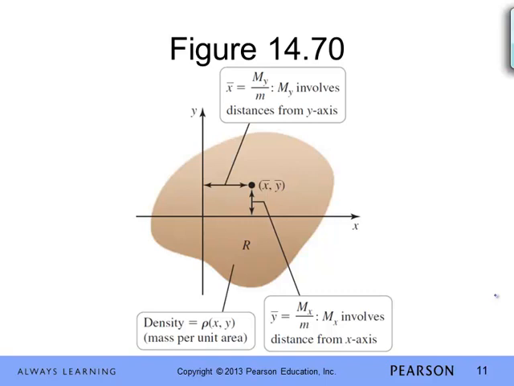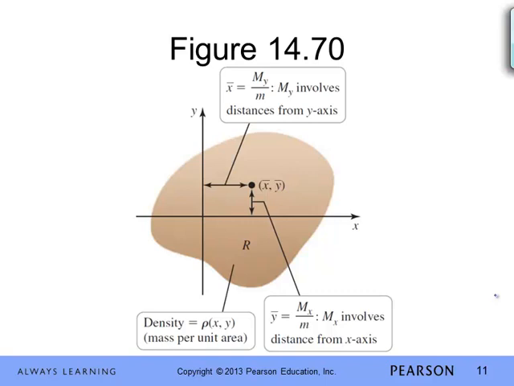So what we need to do is to calculate the moment with respect to the y-axis and with respect to the x-axis, and then for each one of those divide by the mass in order to get x bar and y bar. So for example, x bar, meaning the x coordinate of your center of mass, is going to be the moment with respect to the y-axis. Why?